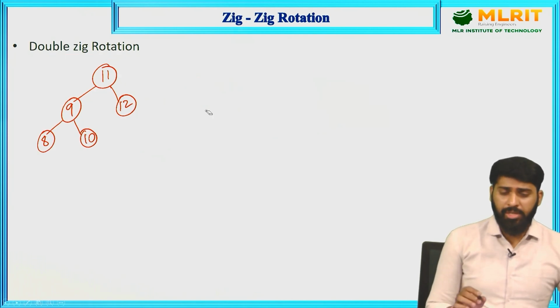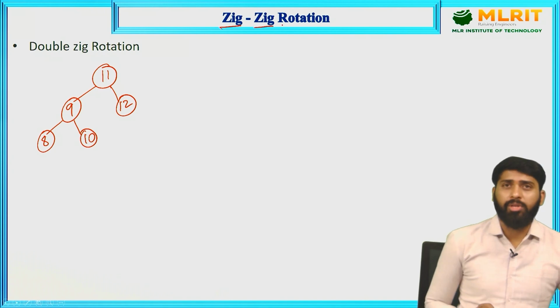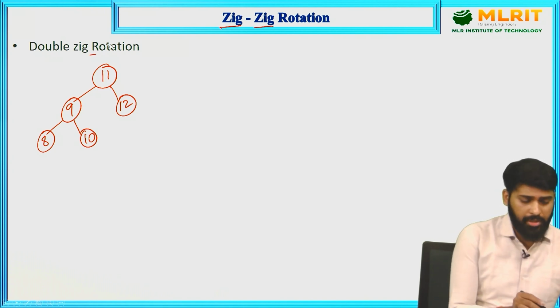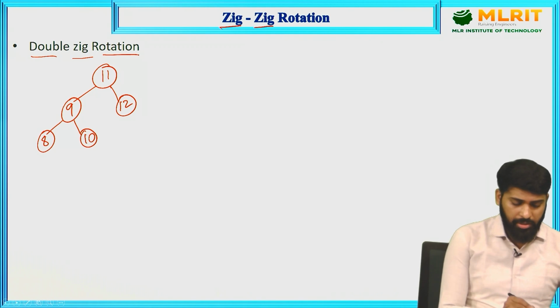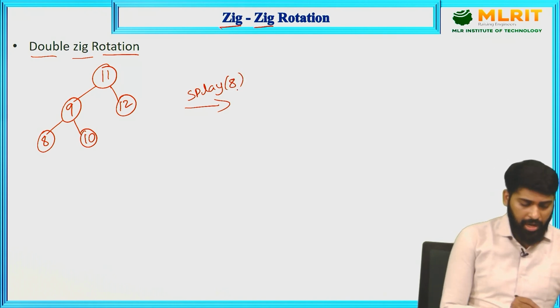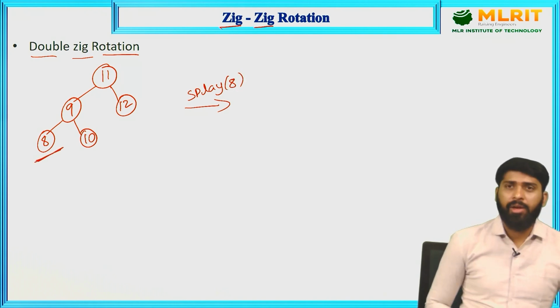Next rotation is zig-zig rotation, which means a double zig rotation. Now consider this tree and splay 8. I want to make 8 the root.